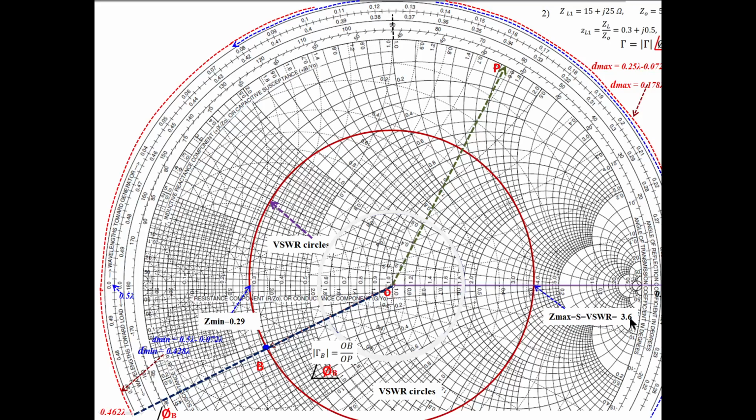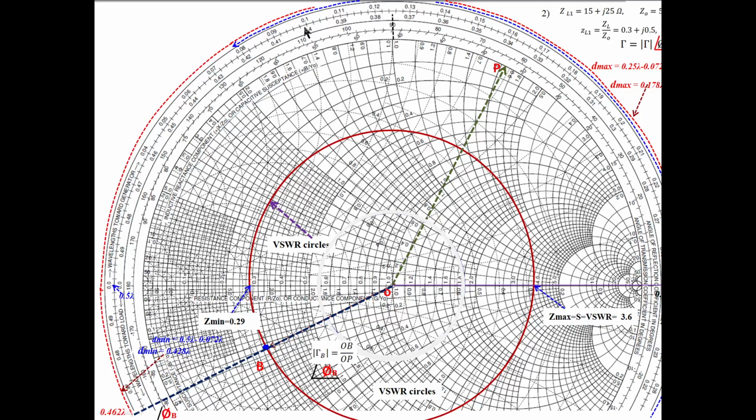3.6 again. But what is the Z maxima distance? At what distance is this maxima from the load? For that, you should measure the distance from here. Draw a line passing here up to the wavelength scale. Read the value here and measure the distance.